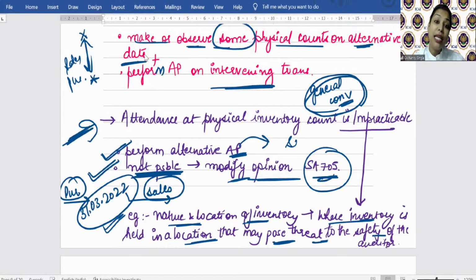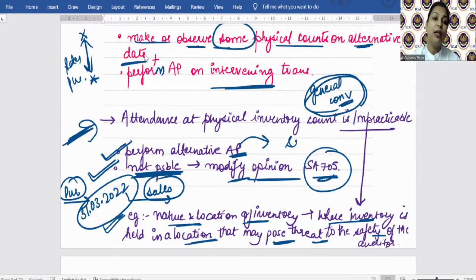Because if you remember in the inherent limitations of audit, when we did the second point, timeliness of financial reporting, remember? The cost and benefit point. We have seen there that general inconvenience, just a matter of time, difficulty or cost is not an excuse to omit any audit procedure.